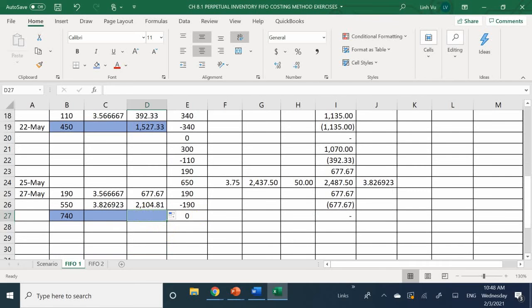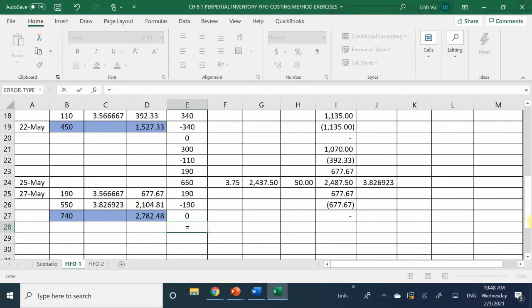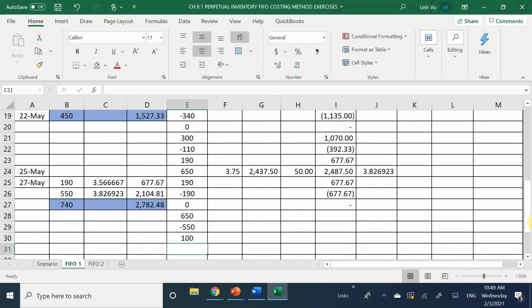Okay. And if you add these up together, for the total amount that you sold for the 740 should be $2,782.48. So I'm going to go ahead and go here, and I'm going to go ahead and update my values here. So then I know that I should have, boom, 100. That's exactly how much my inventory on hand was supposed to be, right?